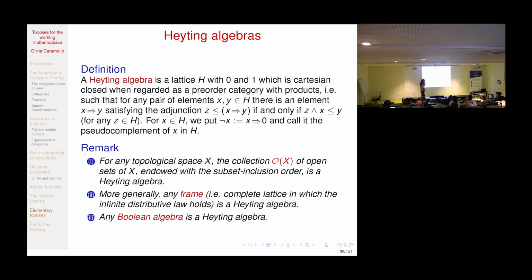Of course, any Boolean algebra is a Heyting algebra because in classical logic, this is the same as not x or y. So if you want to define the Heyting operation, you can use the complement operation in the Boolean algebra, and it gives you what you need.